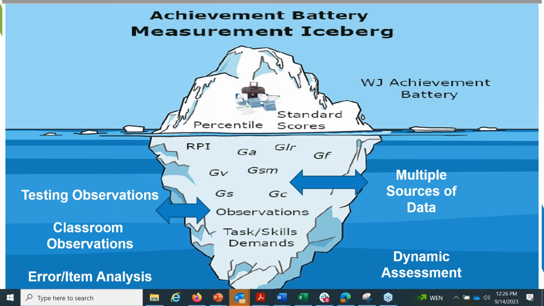When you think about, for example, Applied Problems from the WJ, Applied Problems is a test that's on the WJ Achievement battery. But if we take a deeper look at Applied Problems, you're going to find that it is not just a measure of math skills. It's not just a measure of calculation and math problem solving.